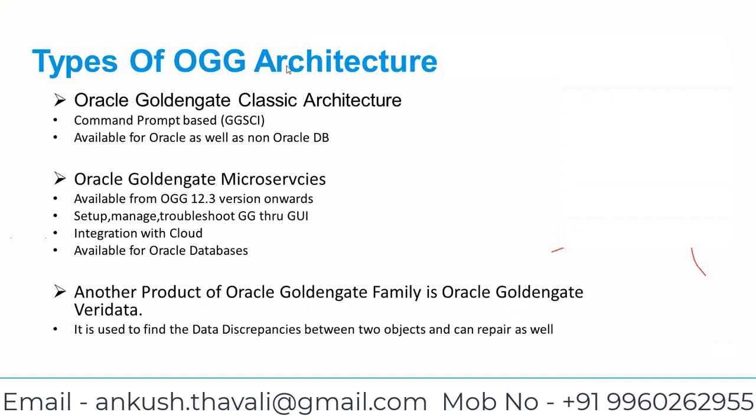Classic architecture is GGSCI based architecture. Microservices architecture is GUI based architecture. Along with it, it also has a command prompt and things run as a service in microservices. You must have heard a lot of new technologies are moving to microservices right now. So Golden Gate is also the same. So things run as a service over here.